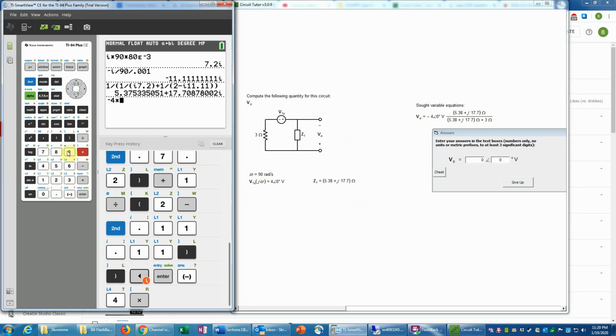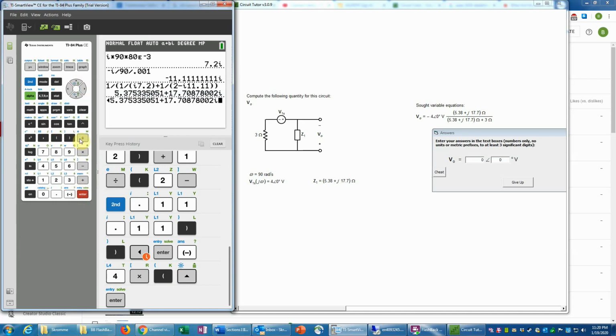Times, and now I'll put my numerator in parentheses, and that will be that 5.38 plus this. And so to do that accurately, I'm just going to go up there and grab that number, and then close parentheses. And then this will be divided by an open parenthesis for the denominator.